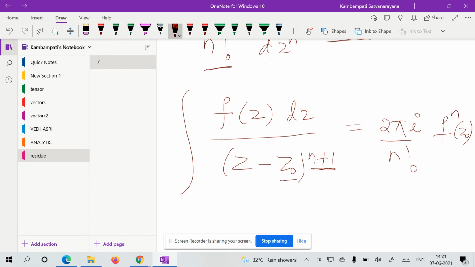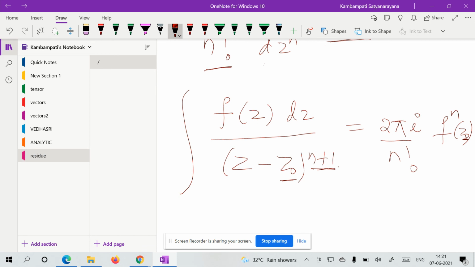So n plus 1 in the denominator, and n times derivative: the function f of z is differentiated n times, after that we substitute the z naught value in place of z.